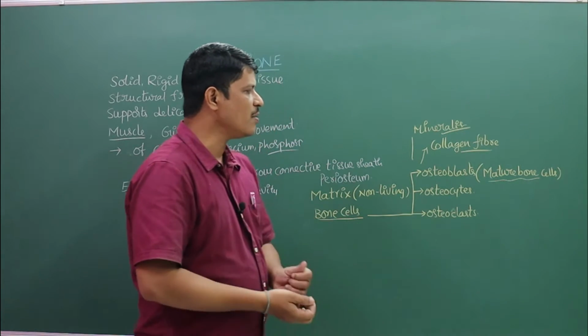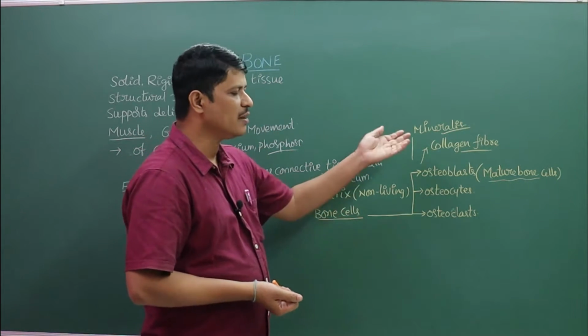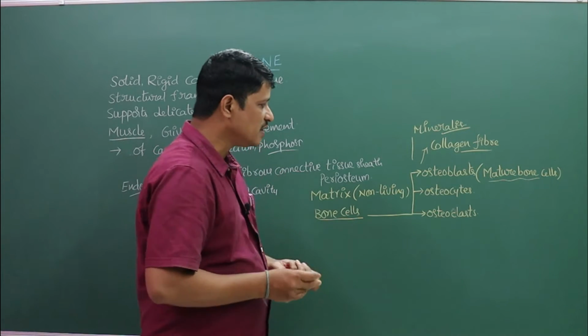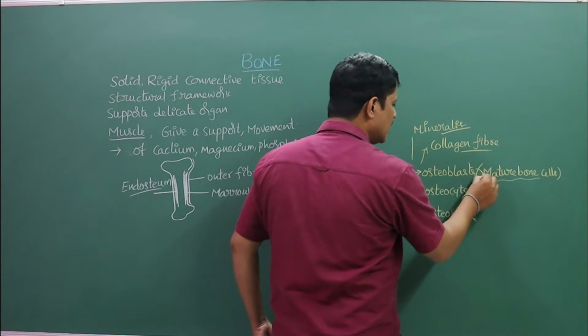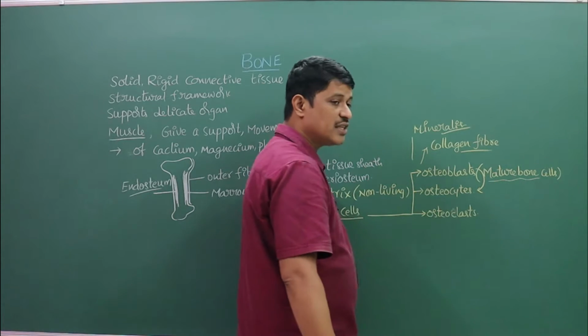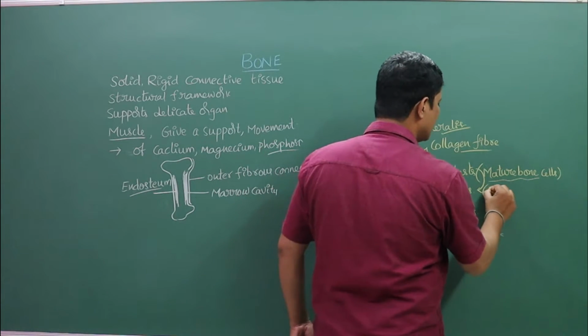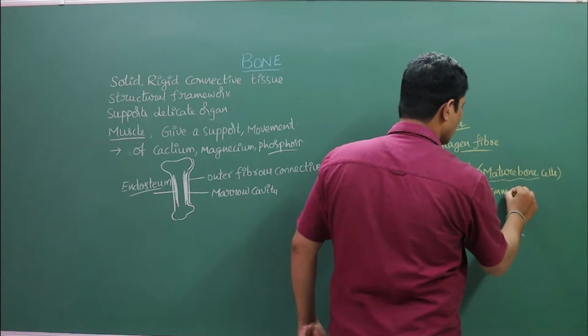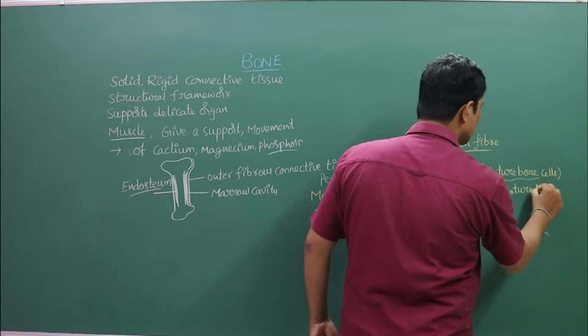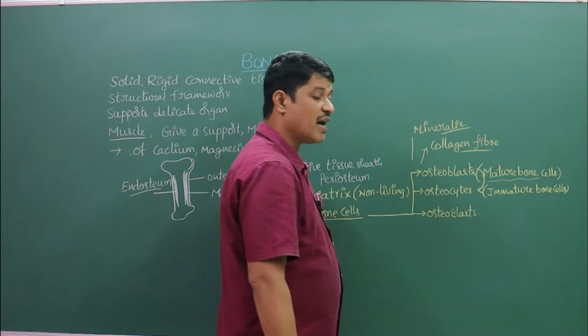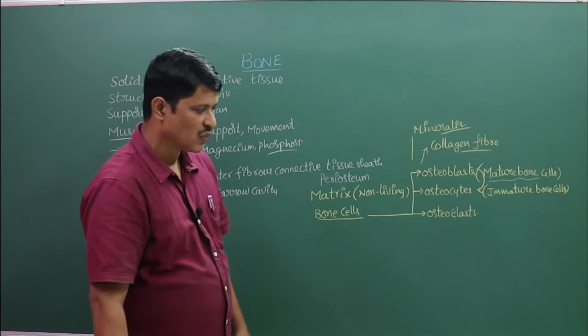After formation of the collagen fibers and the mineralization process, these osteoblasts change into osteocytes, the immature bone cells, which are called osteocytes.